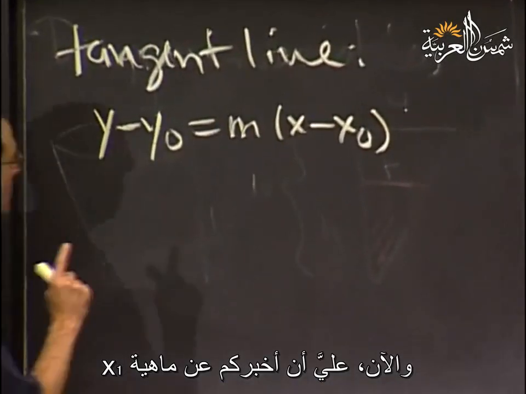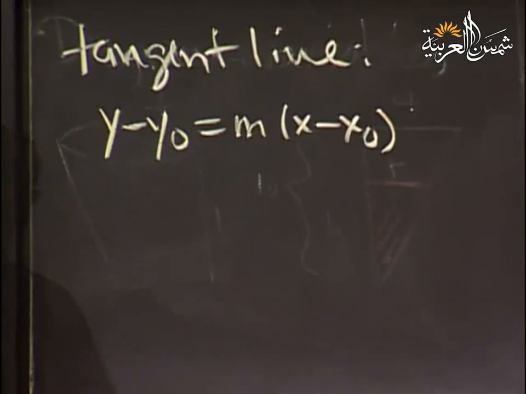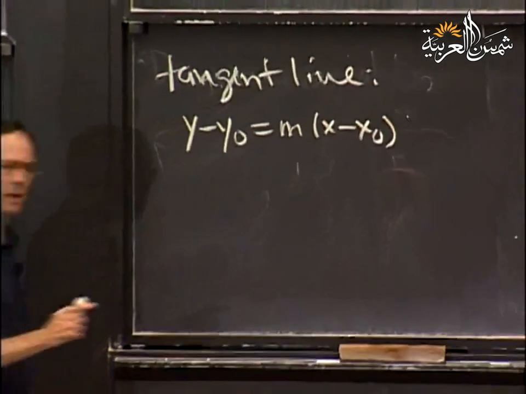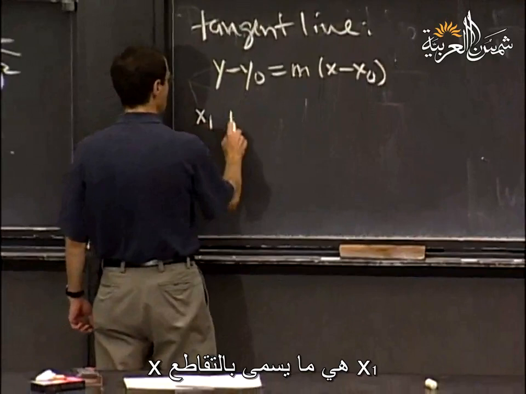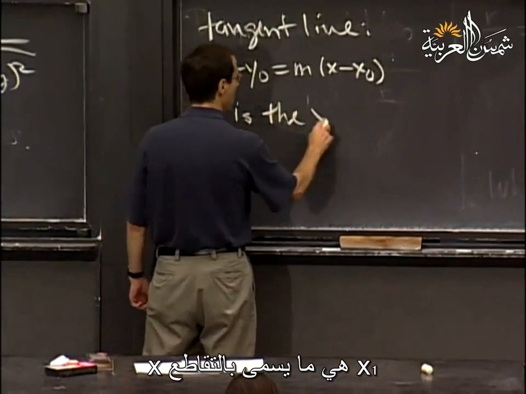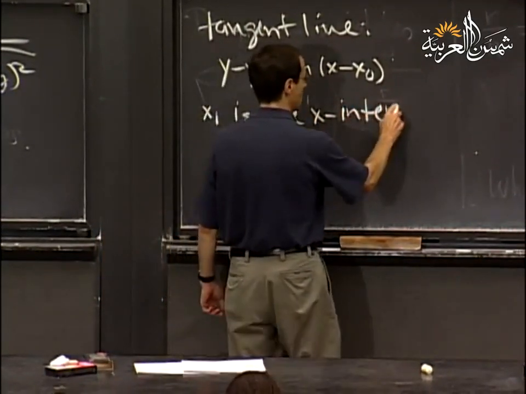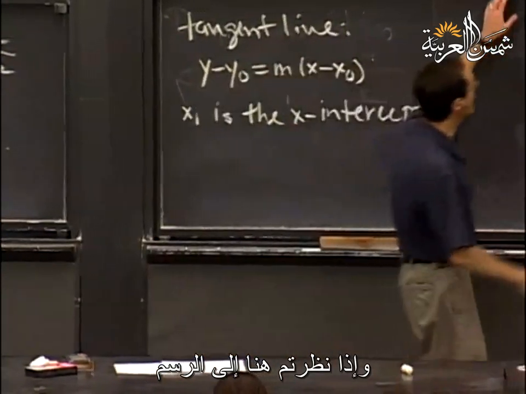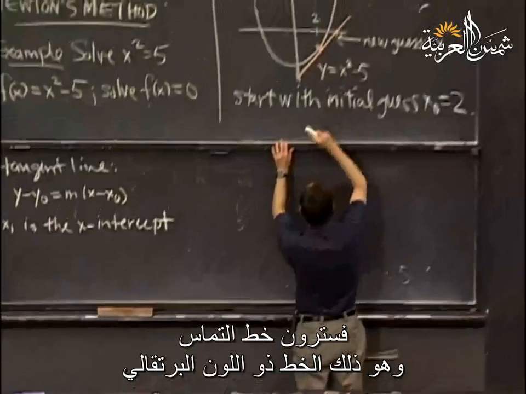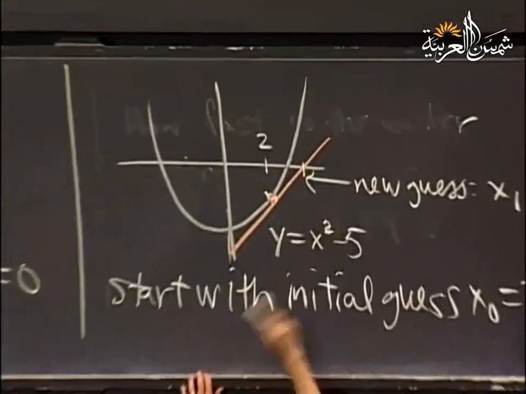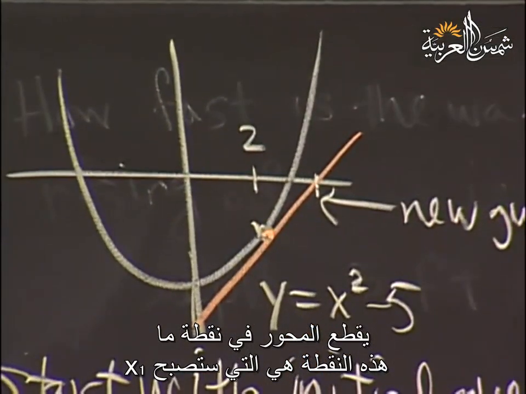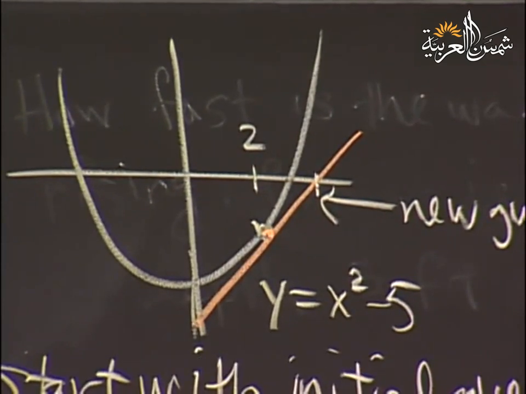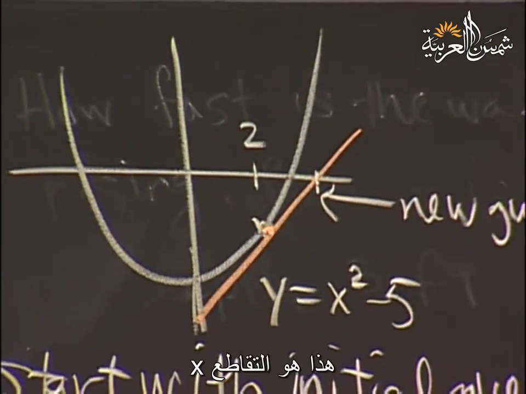And now I have to tell you what x1 is in terms of this tangent line. x1 is the x-intercept. The tangent line, if you look over here at the diagram, the tangent line is the orange line. Where that crosses the axis, that's where I want to put x1. All right, so that's the x-intercept.